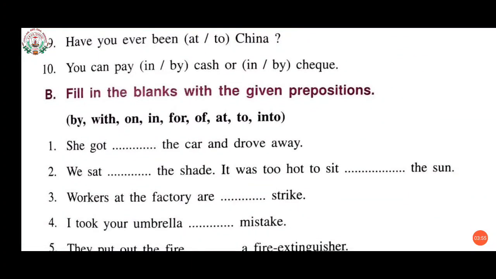Now see students, question B: fill in the blanks with the given prepositions. Now you can see question number 1. First, the options are given. As you can see, all these are prepositions and we have to use them in the blanks. So first one, she got dash the car and drove away. She got into the car and drove away.